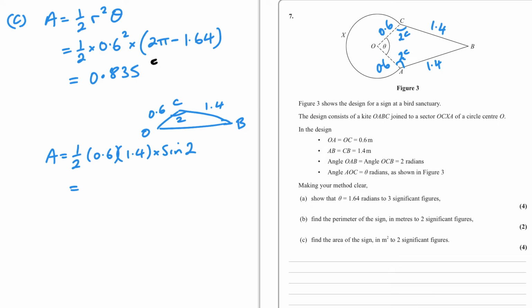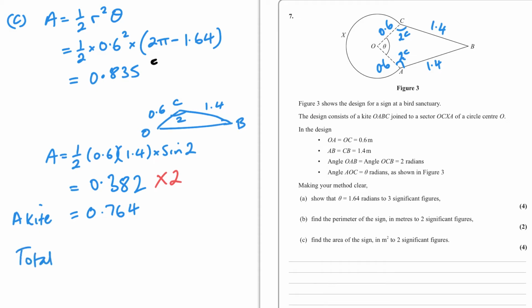And that will give me 0.382. Now we actually want two triangles, don't we, for the kite? So we need to times that by 2. And that gives me 0.764, and this is the area of the kite.